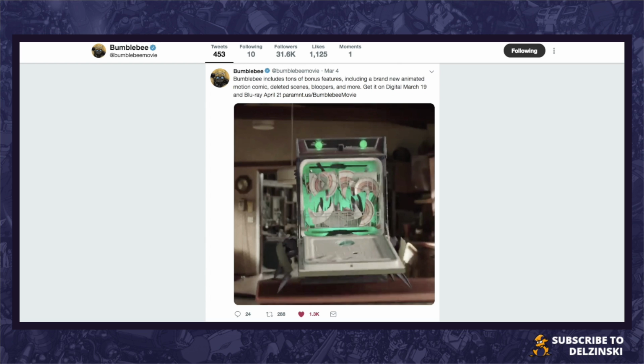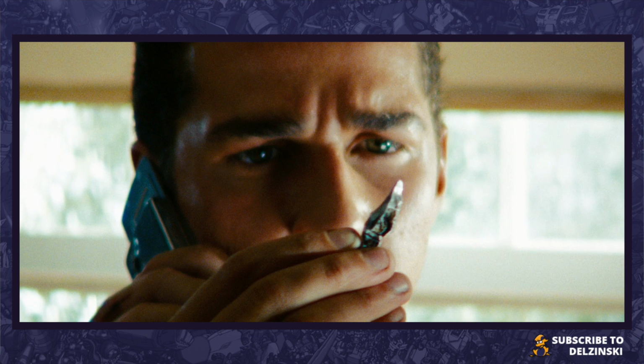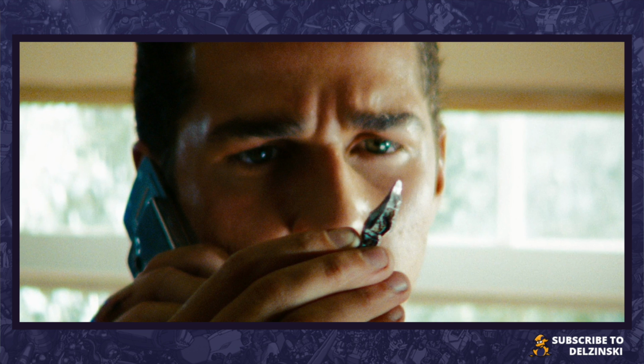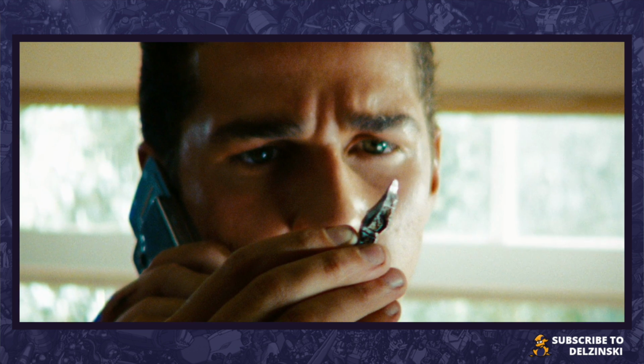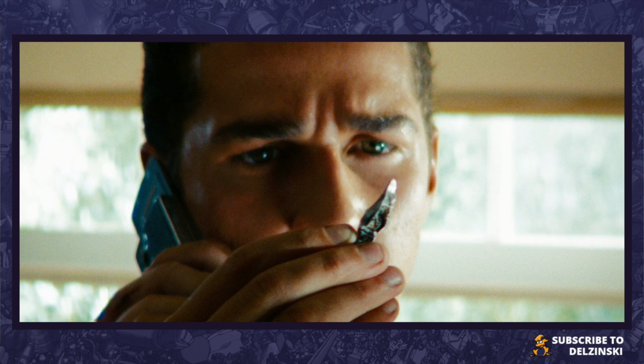Now, the last time we saw something like this where objects and things came to life was when Sam Witwicky in Transformers Revenge of the Fallen found a slither of the shard in his pocket of his jacket from the original Transformers movie.